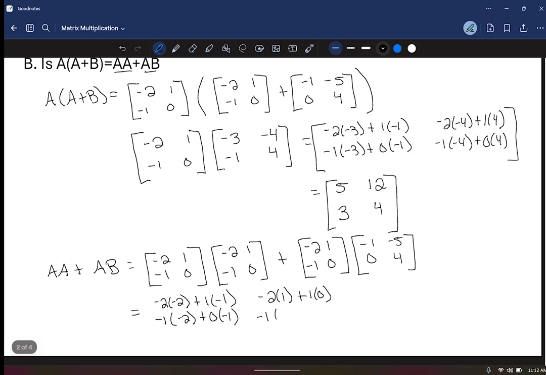And -1 times 1 plus 0 times 0. I'm running out of room, so I have -2 times -2 is 4, minus 1 is 3. -2 plus 0 is -2. 2 plus 0 is 2, and -1 plus 0 is -1. I'm going to be adding that to what I get over here.